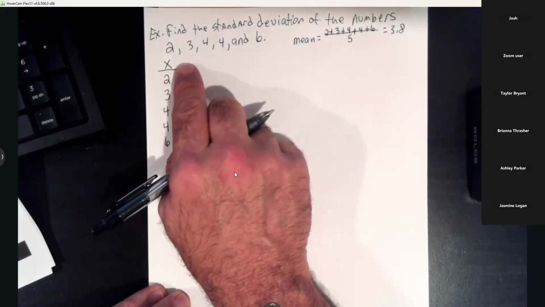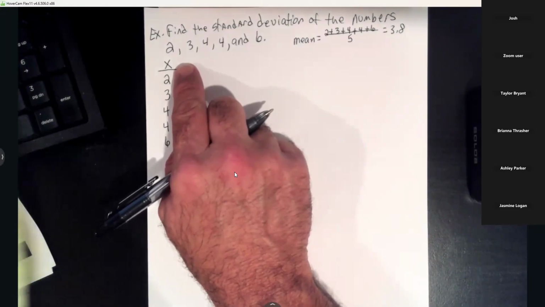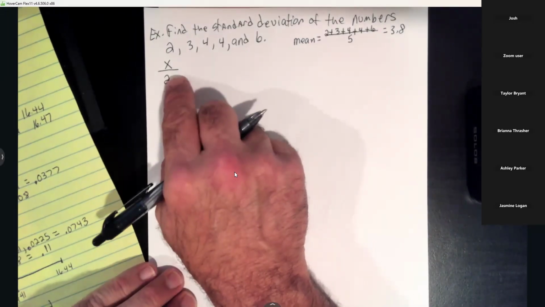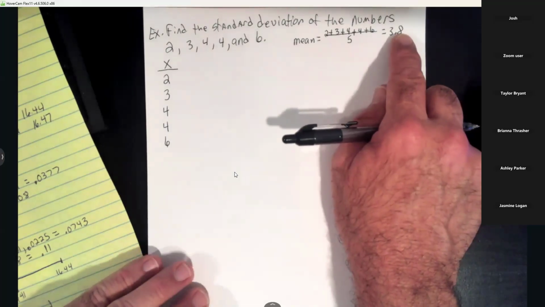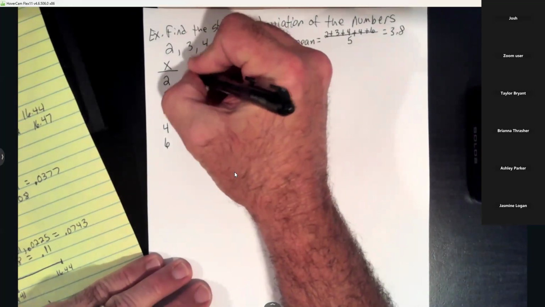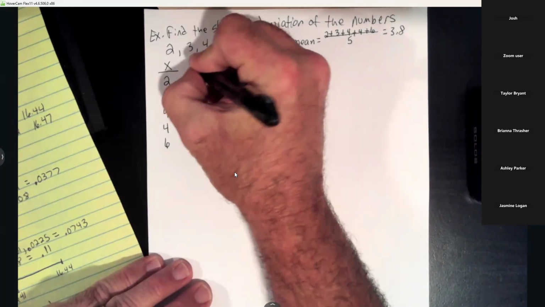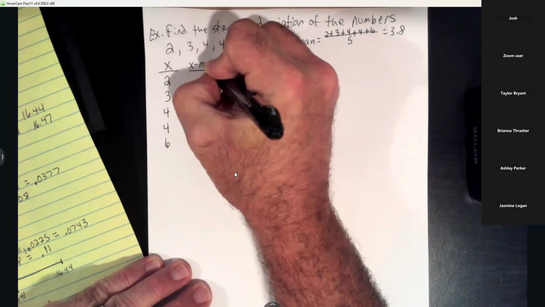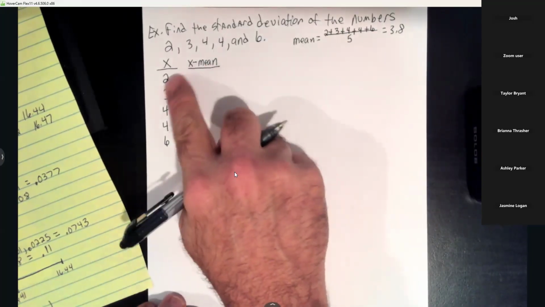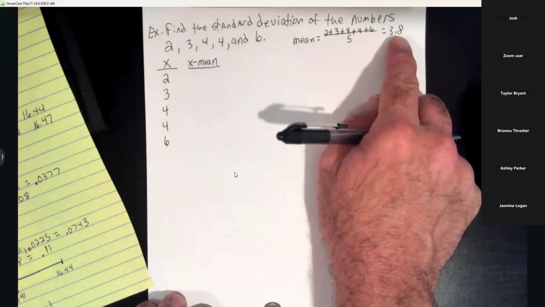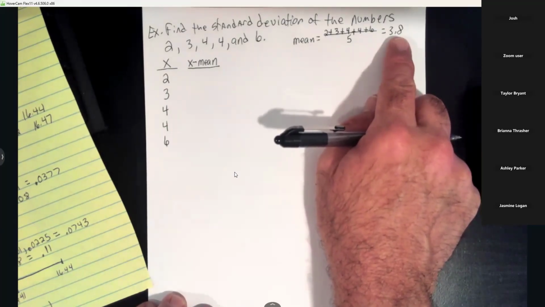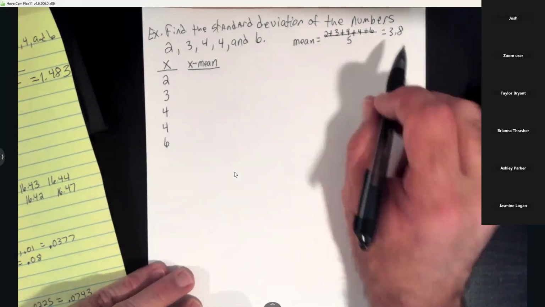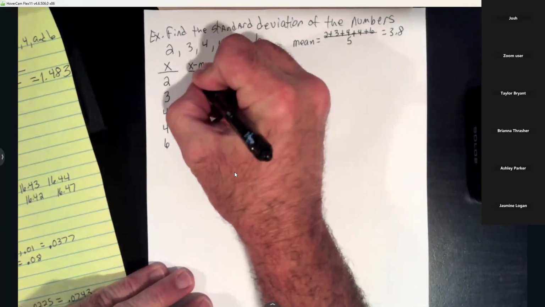So remember my second step on our list was to find the deviations for each of these points by subtracting this mean. So this column will be x minus our mean. Okay, so we'll take each of these x's and subtract 3.8. So when you take 2 minus 3.8, you get a negative 1.8.